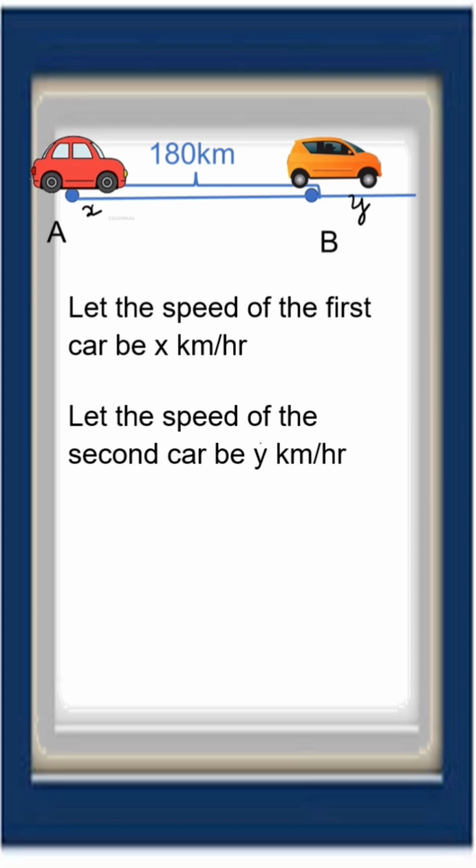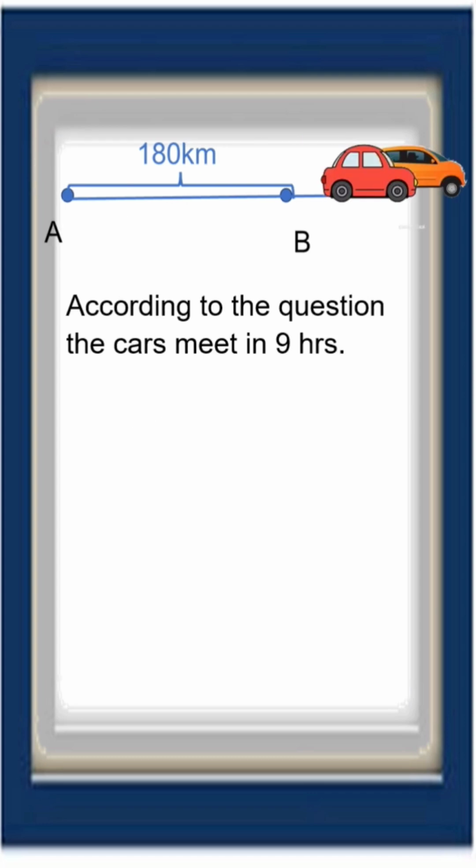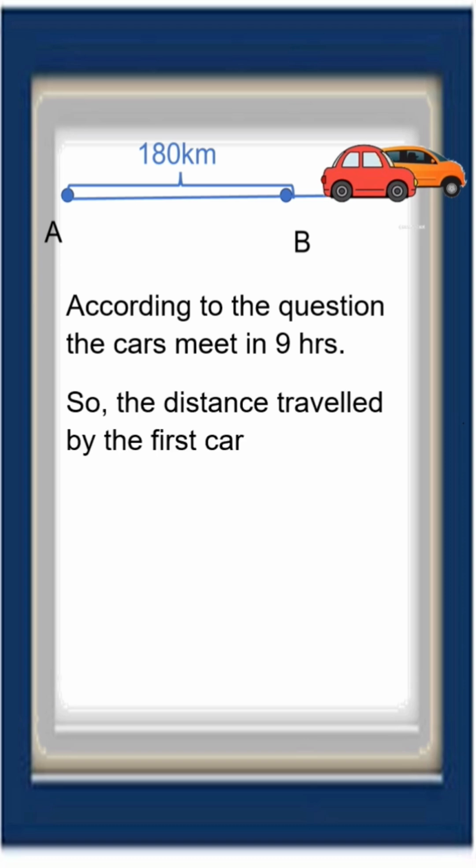Before that, they meet each other. If they travel in the same direction, they meet each other after 9 hours. The time taken by the first car is also what? 9 hours. Second car is also 9 hours. So now we can calculate the distance traveled by the first car by using the formula d is equal to s into t.